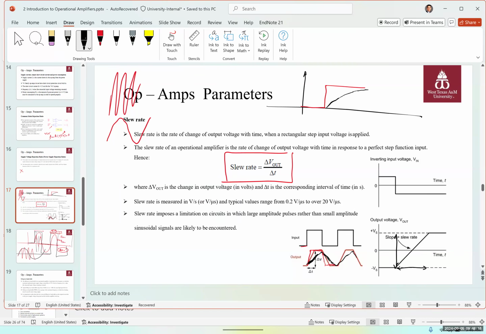And why is delta V important here? I always give this example, and it's the same for digital systems as well. Imagine I'm on the floor and I want to jump on this chair or on this table. Which one can I do faster? Jumping on the chair or jumping on the table? The chair.